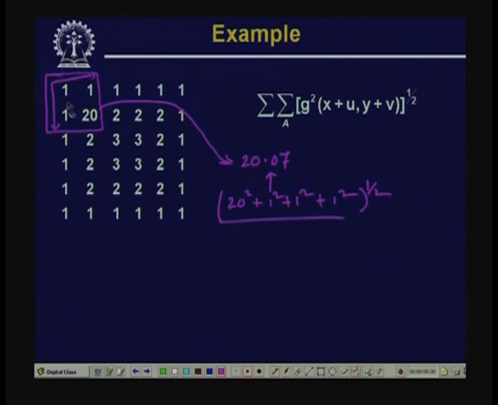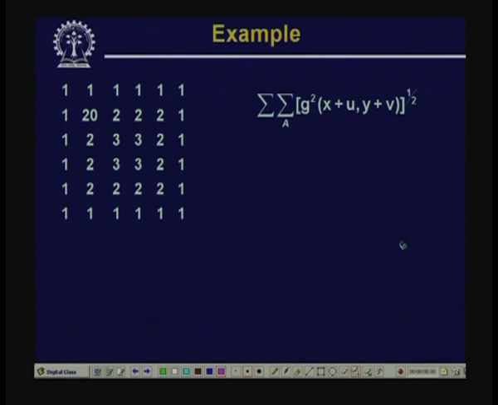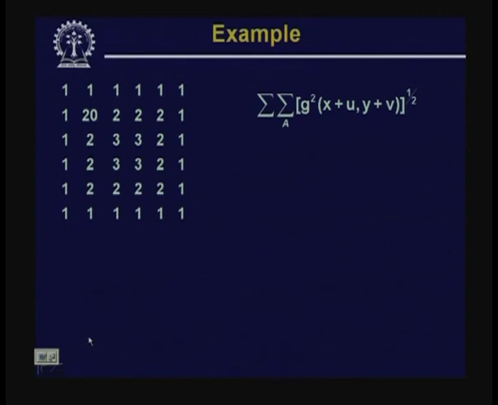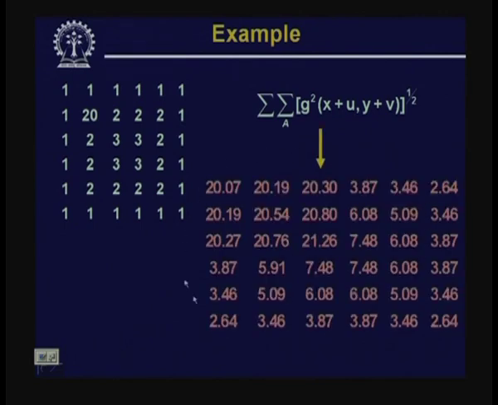So, this is how I compute this quantity, that is, g square x plus u, y plus v over the region A, square root of this and summation over the region A for all possible u and v, that is, for all possible shifts. Finally, this normalization component that I get is given by this particular matrix. So, this normalization coefficient has been computed for all possible values of u and v.